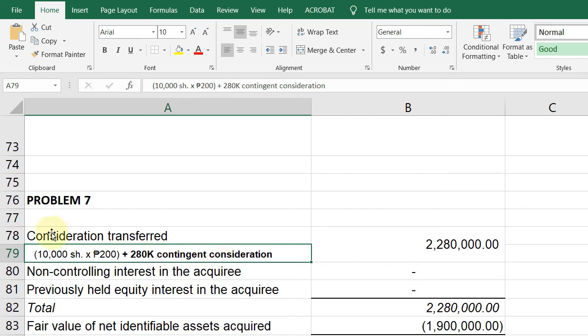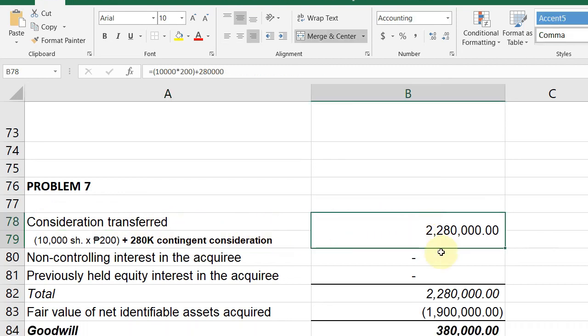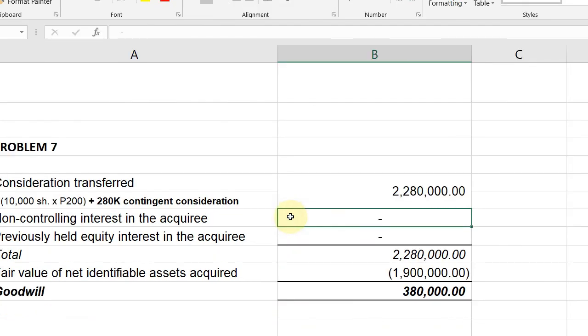Again, that's 10,000 times fair value, 200 plus 280 contingent consideration, you'll get 2,280,000. Okay? Wala ka namang NCI kasi 100% mong binili. Previously held equity interest, no, kasi isang bagsakan naging subsidiary, nag-combine kayo, naging majority na.